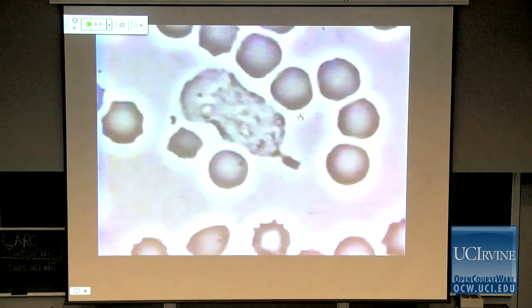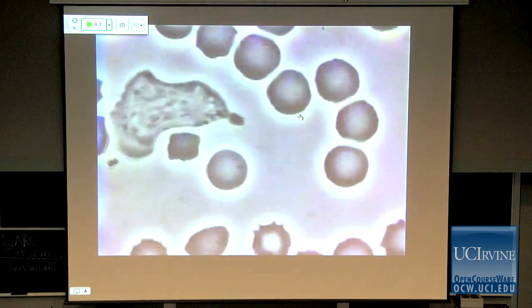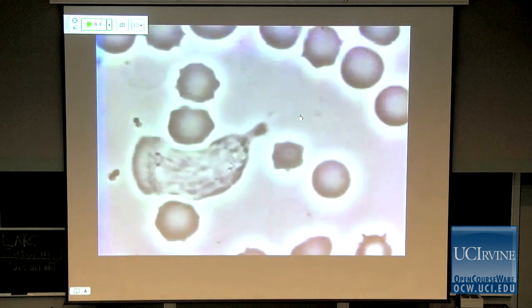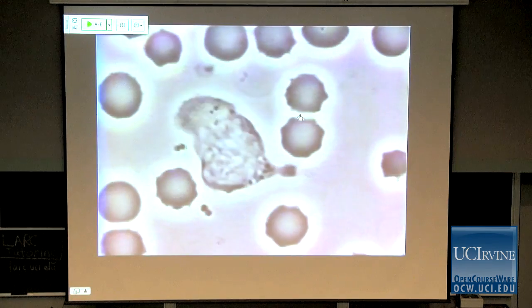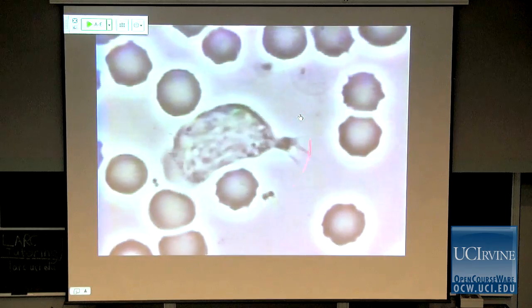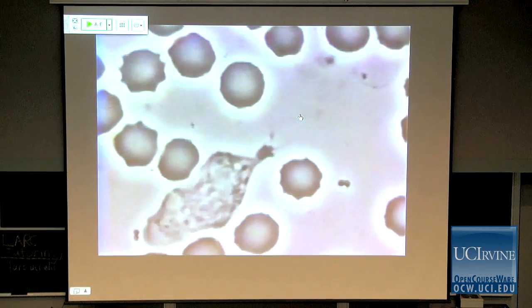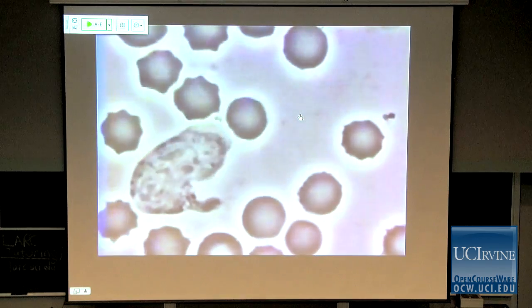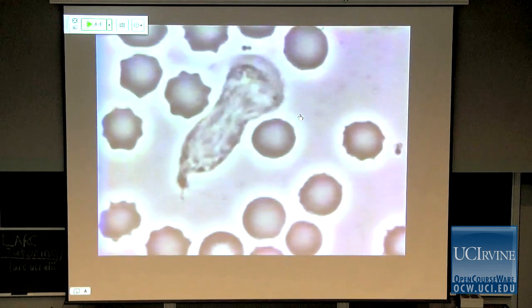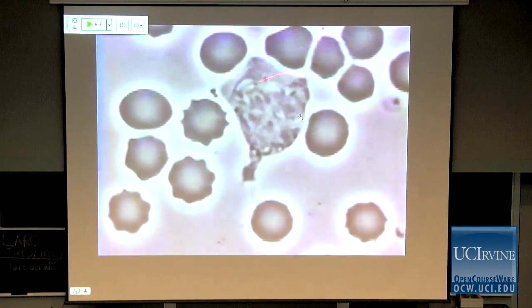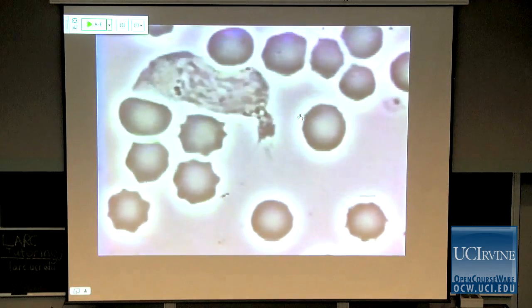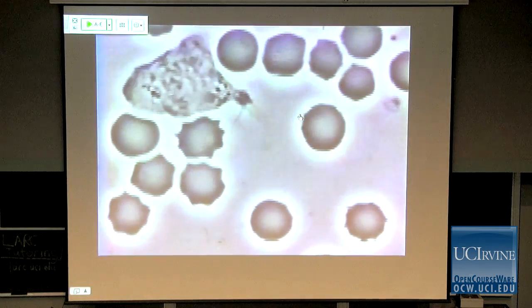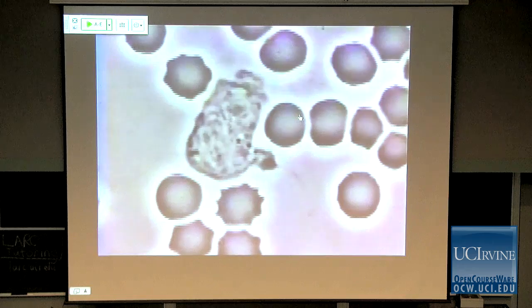We have a white blood cell moving around. And when we talked about this before, we recognized that the tail region of the white blood cell is not a flagella, but it's the uropod. And there are changes in cytoskeletal elements in this moving cell that are important for generating the movement.